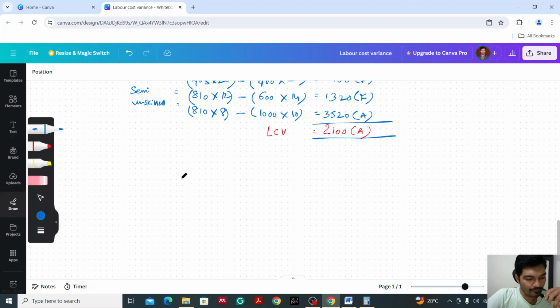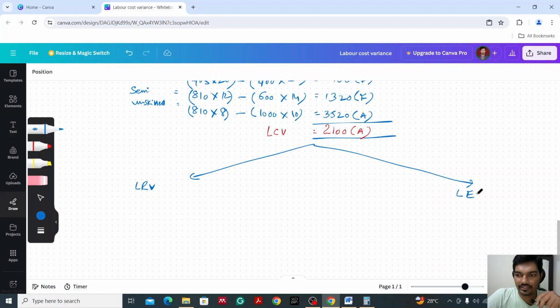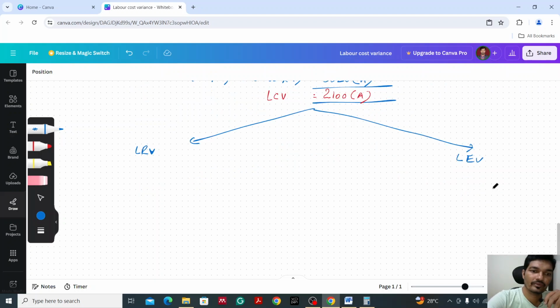Now coming to LRV. Now this is LRV, this is LEV. LRV means labor rate variance, LEV means labor efficiency variance. Similarly, skilled labor, semi-skilled labor, unskilled labor.